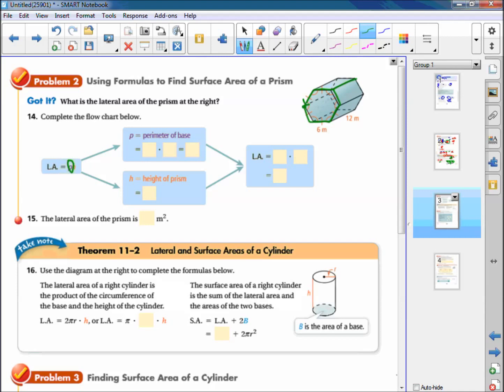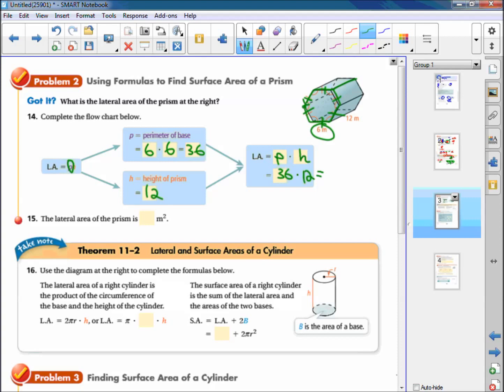Our perimeter here is going to be, let's see, 1, 2, 3, 4, 5, 6 identical sides. Each one is 6 long, so a perimeter of 36. Our height here is 12. So the lateral area is going to be the perimeter times the height, which is 36 times 12 for a total of, what does that multiply to?